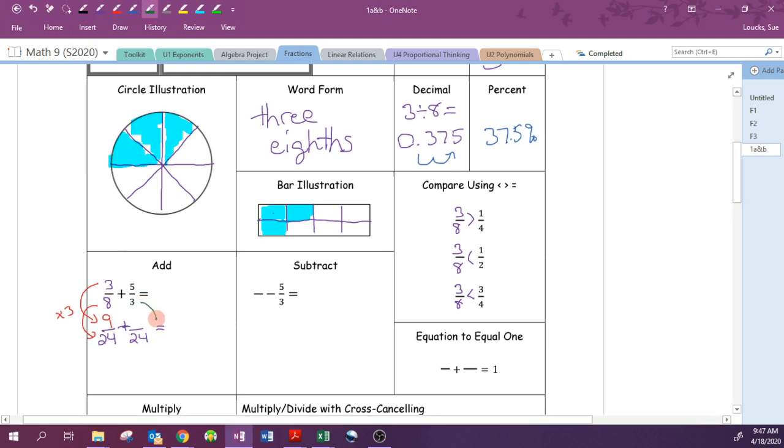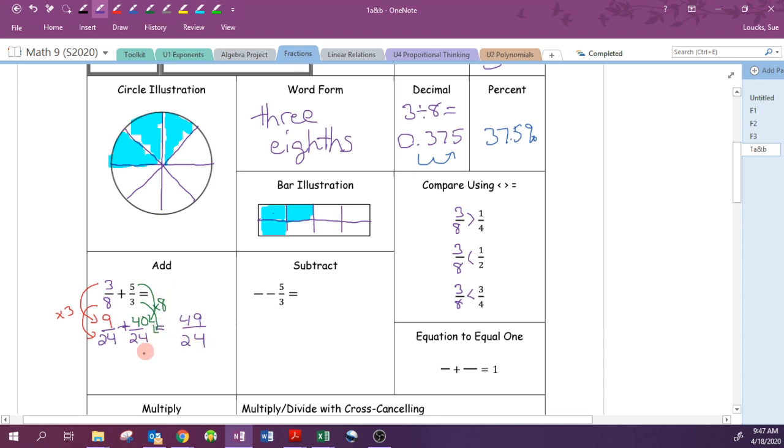What did I do to the 3 to get 24? I went times 8. So I have to do the same with my 5, and 5 times 8 is 40. So 9/24 plus 40/24 is the same thing as 3/8 plus 5/3, and that equals 49 over 24.